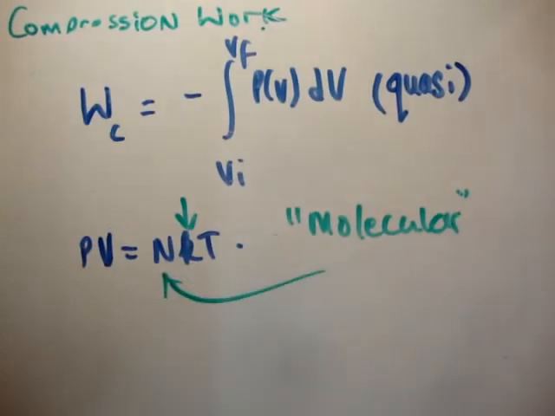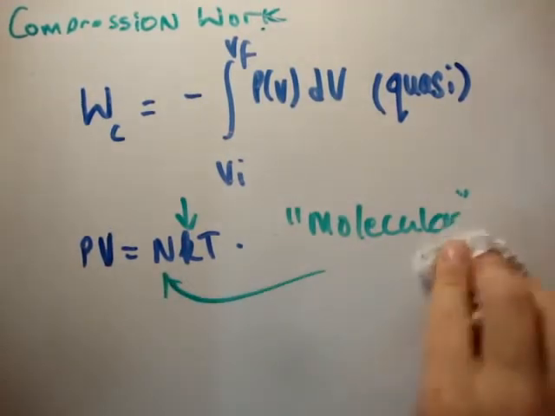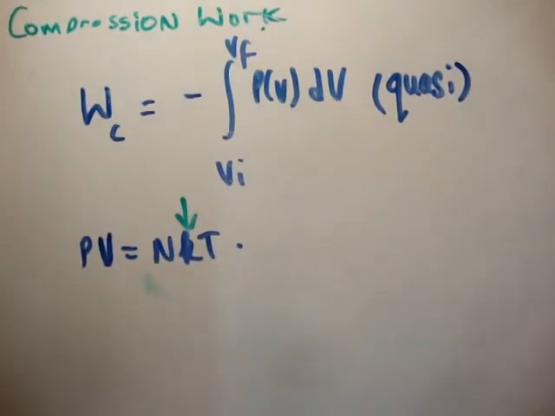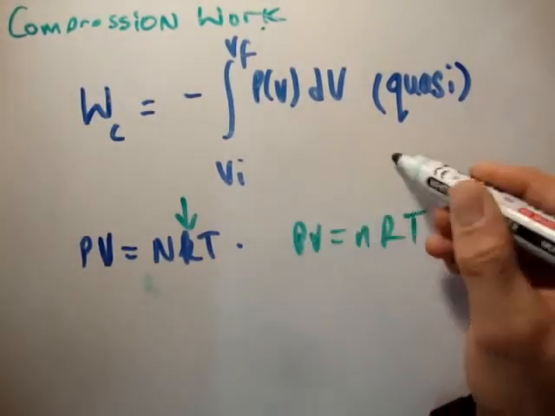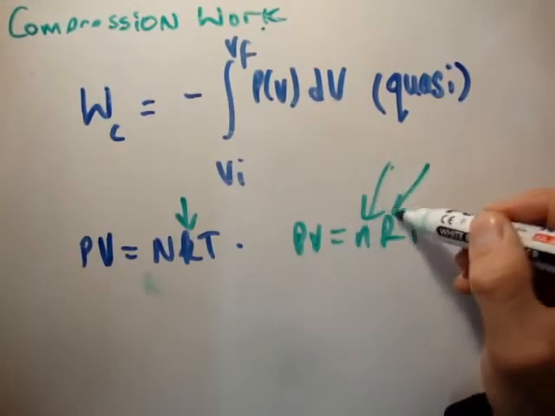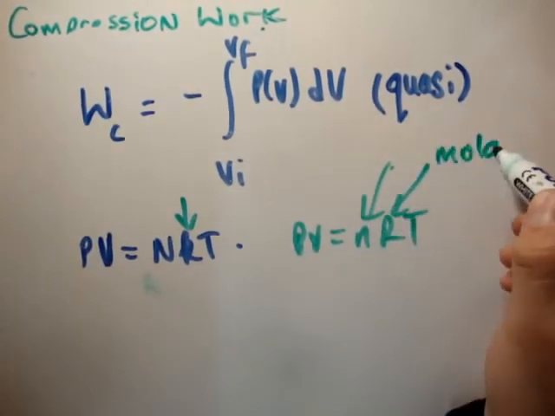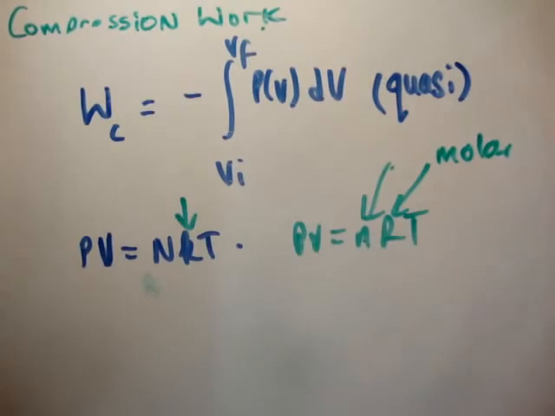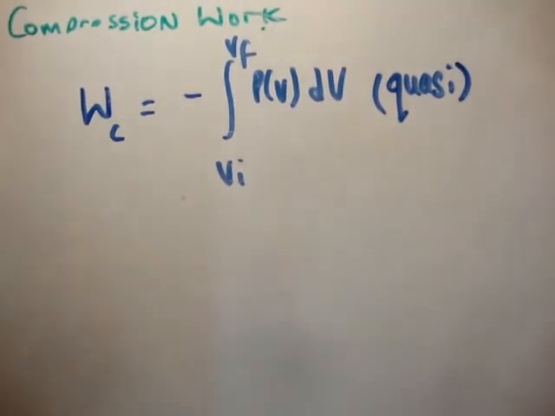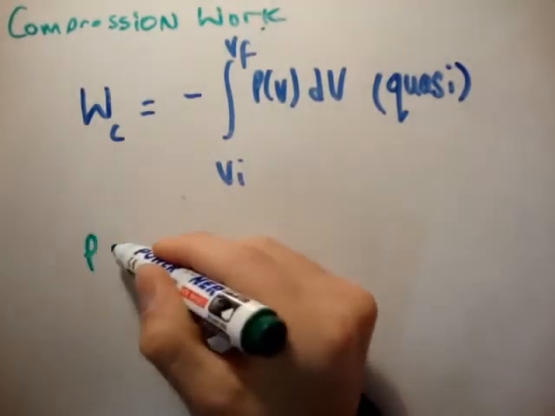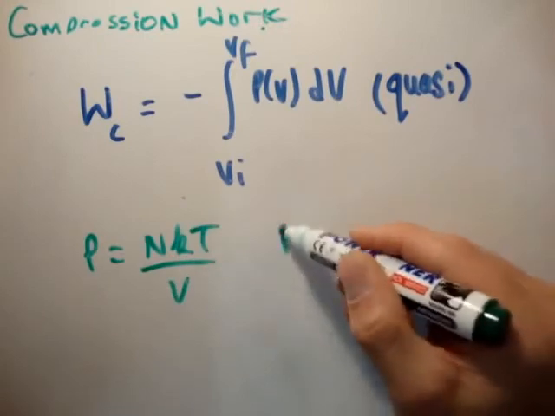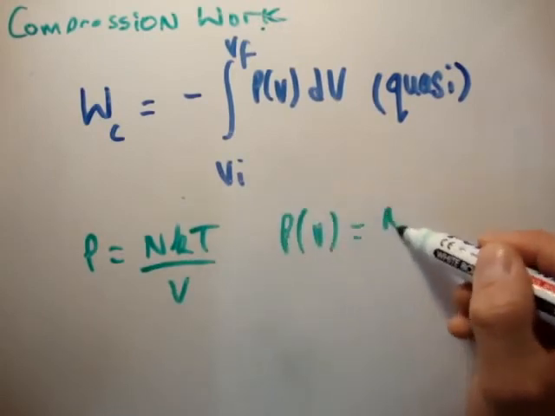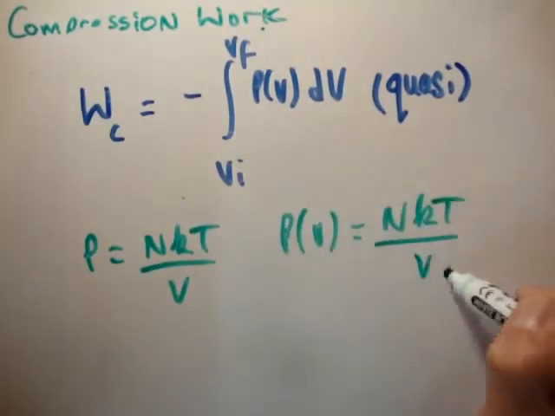If it's PV is equal to nRT, then I would think about the molar gas constant, because we're talking about the number of moles. That's just the way I like to think about it. Anyway, if we rearrange the ideal gas law, we have P is equal to NkT over V. Therefore P as a function of V is equal to NkT over V.